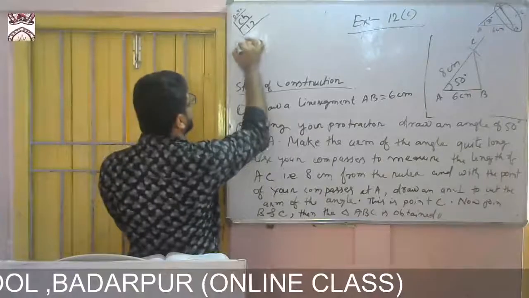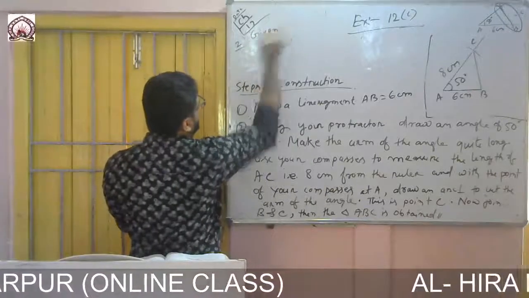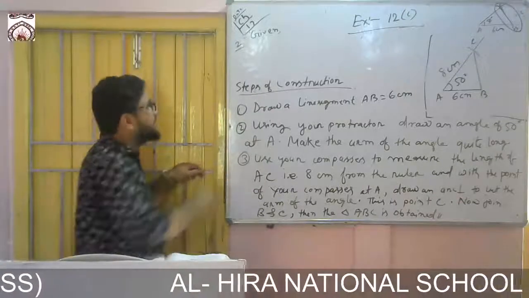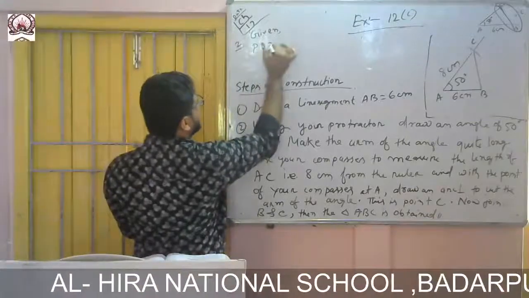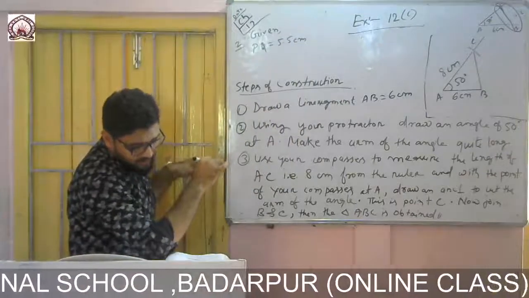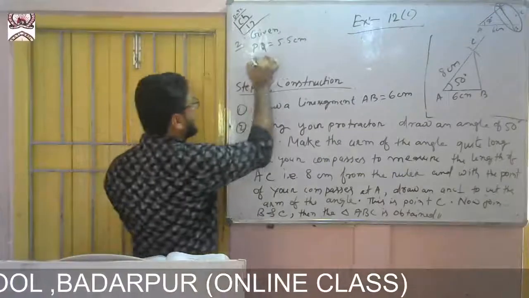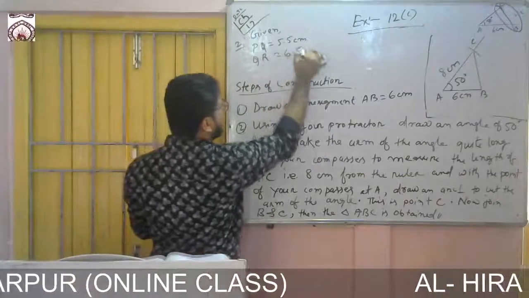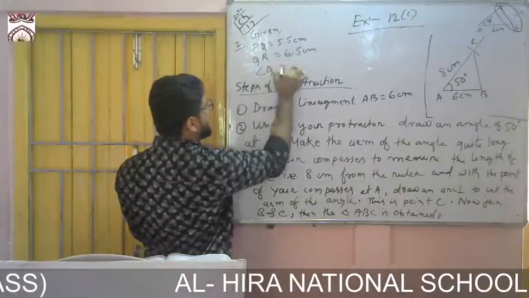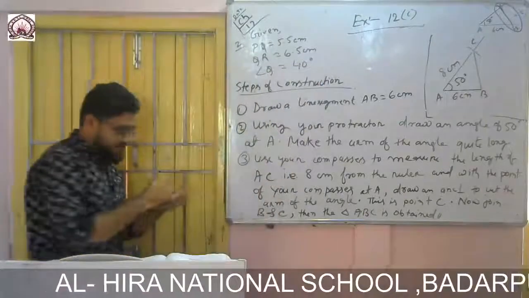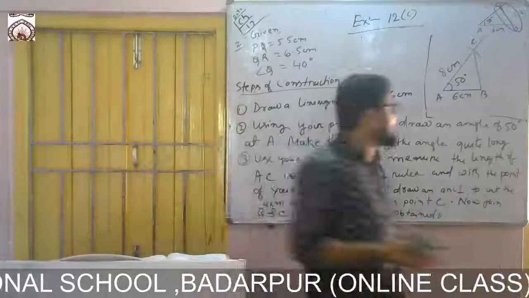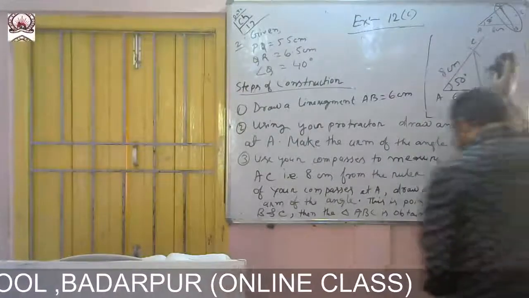Given that PQ equals to 5.5 centimeter, then QR equals to 6.5 centimeter, then angle Q equals to 40 degree.